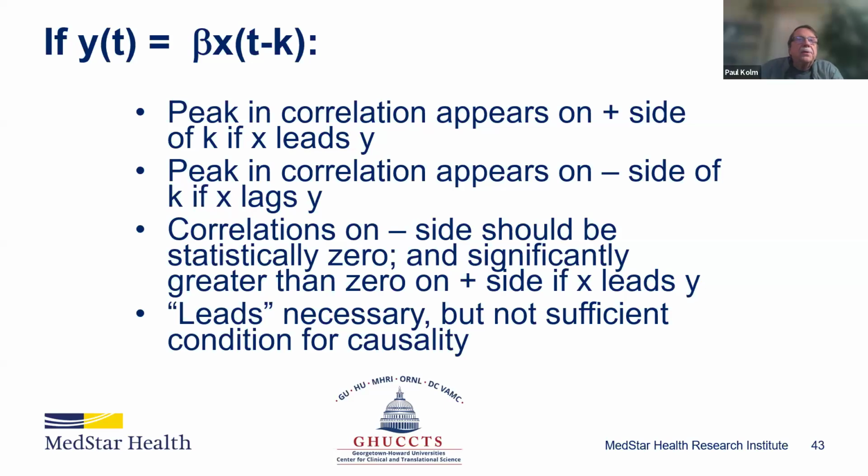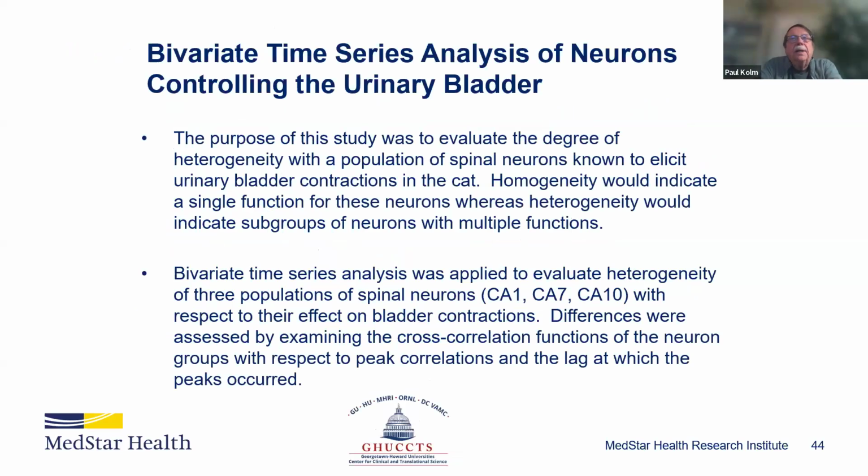If this is true, then the correlations on the negative side, for the negative lag, should be statistically zero. And so I have an example here that I did quite some time ago. Actually, I use this because this is the only time I've done this where it actually worked or made sense.